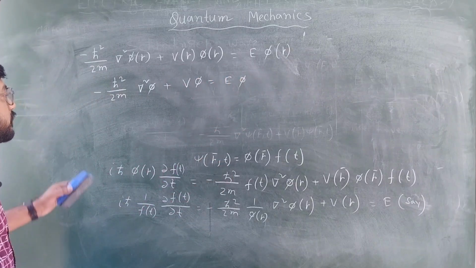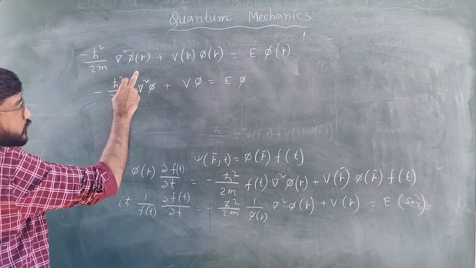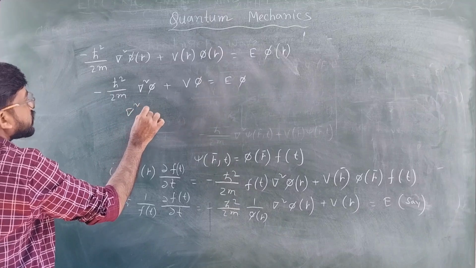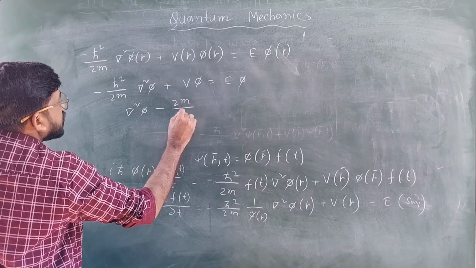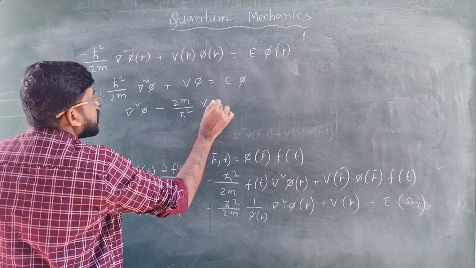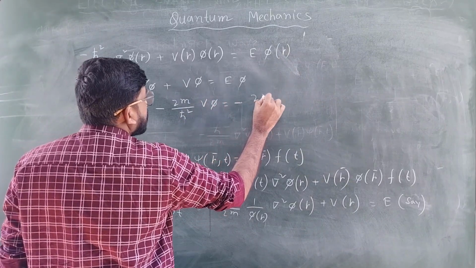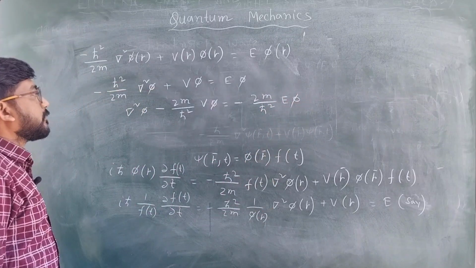Now if you multiply with minus 2m upon ħ², what will be here: ∇²φ minus 2m upon ħ² into Vφ equal to minus 2m upon ħ² into Eφ.